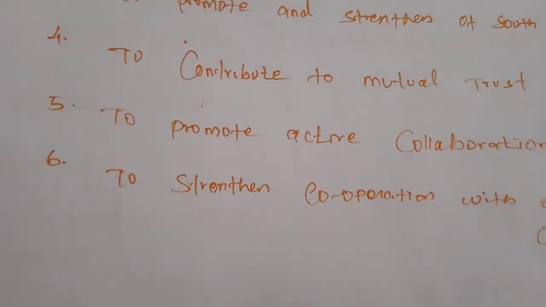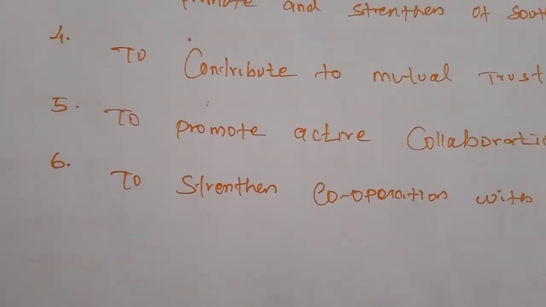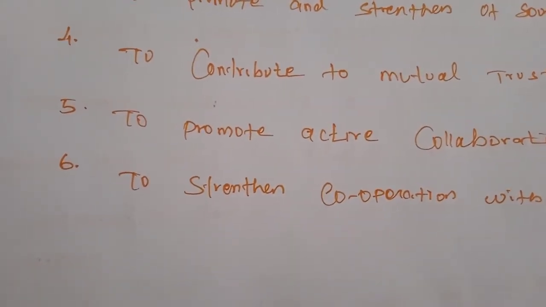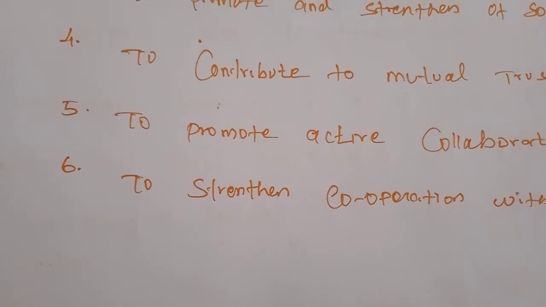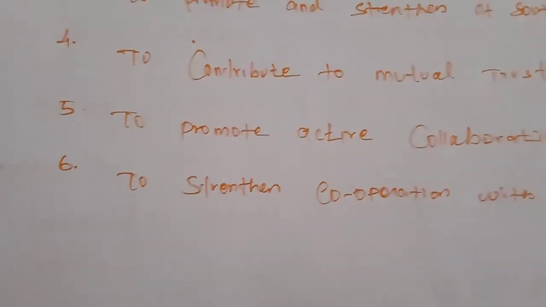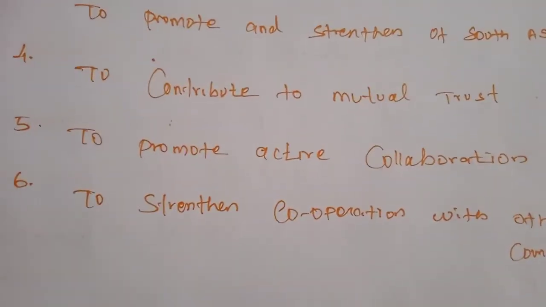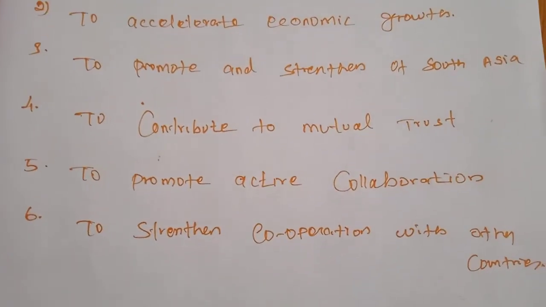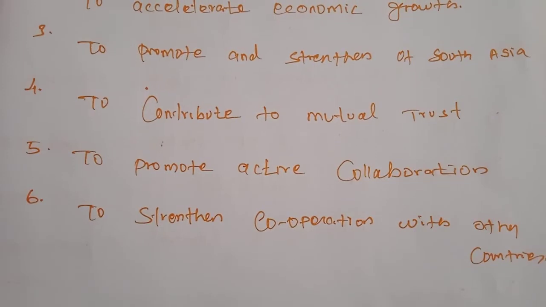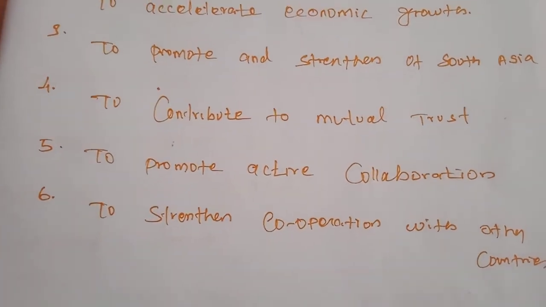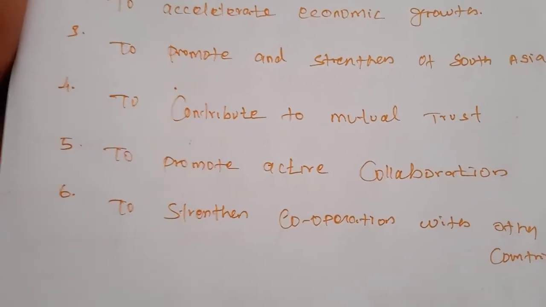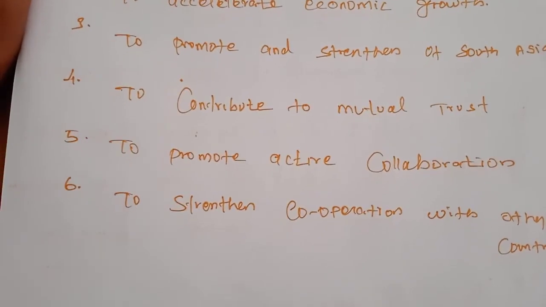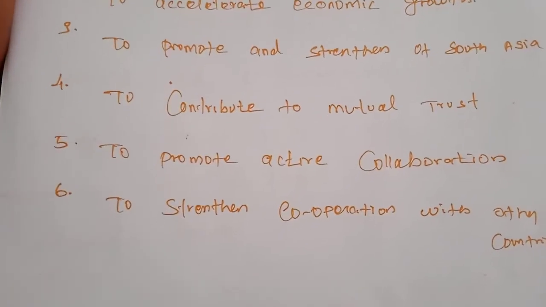Next, to cooperate with international and regional organizations with similar aims and purposes. These international policies are also accepted by the member nations through the cooperation of the SAARC organization.